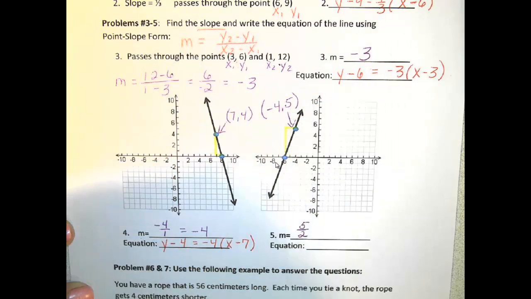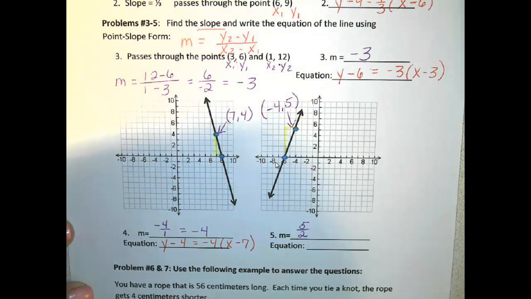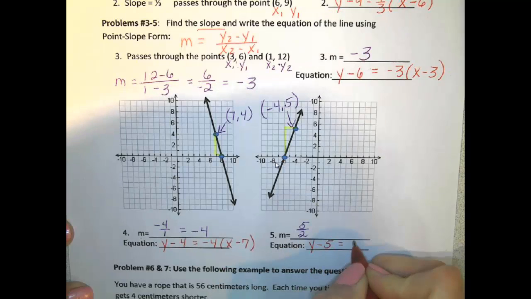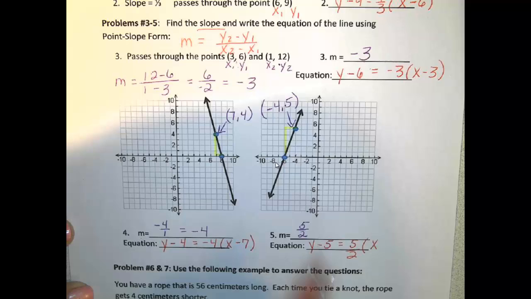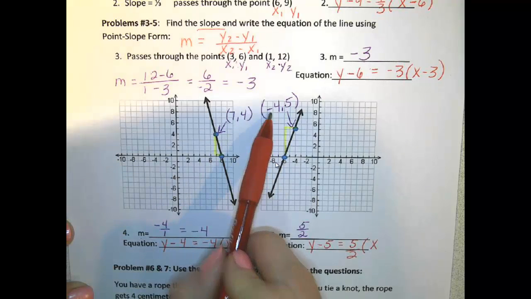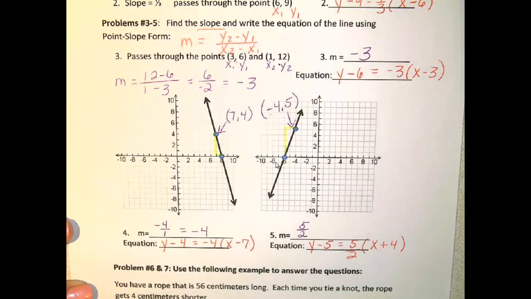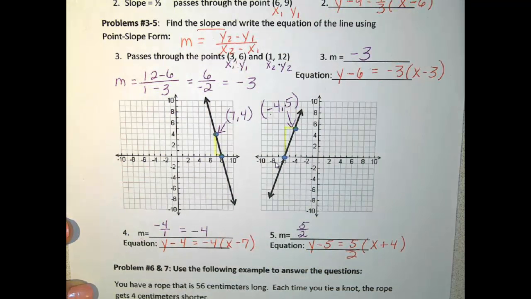So when I plug these into the point-slope formula, I get y minus 5 equals 5/2 for slope times x minus a negative, which becomes plus 4. And that's how you write the equation in point-slope form.